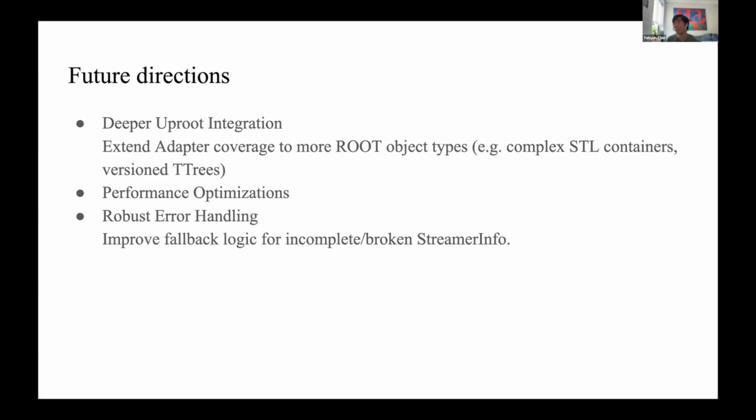So RNTuple, I think Samantha was working on that over the summer, and I think that is coming along quite nicely. I'm not the one working on that, but I think we have RNTuple support now.